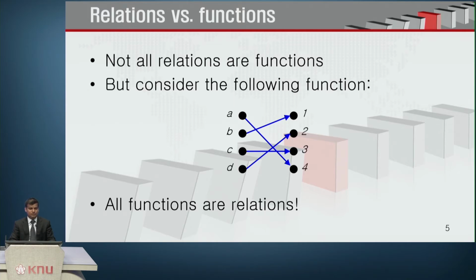This seems to be a function, but it is also giving us clear relations in this graphical example, which means that all functions are relations, but all relations are not functions.